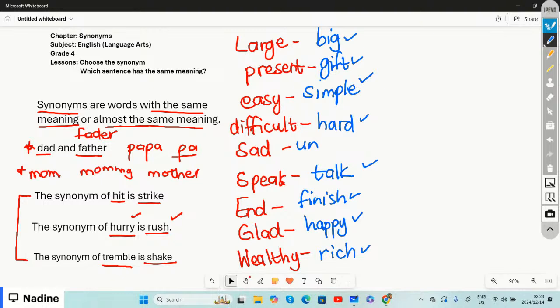Yes, if you are sad, then you can say you're unhappy, right? Unhappy. That means that you are sad. So well done. So these are synonyms.